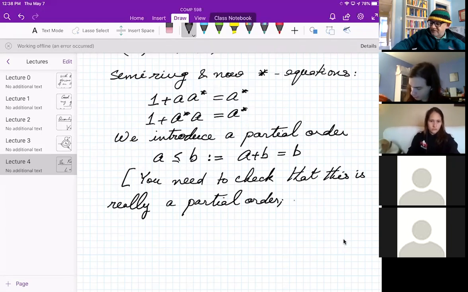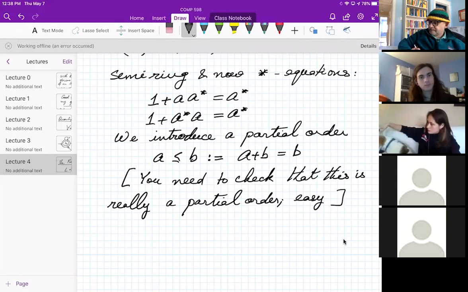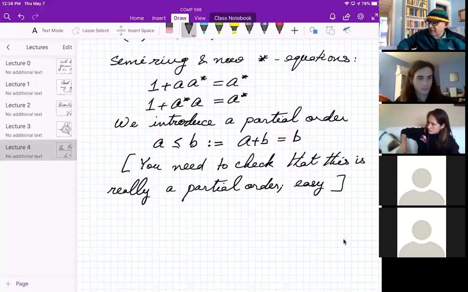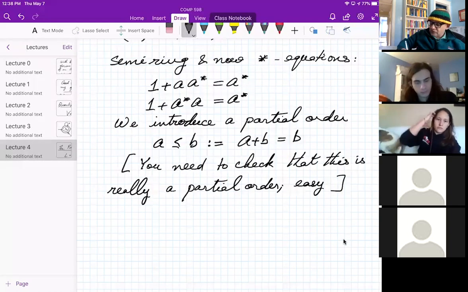But it is easy. Okay. Having introduced this partial order, I get to tell you the last two rules.